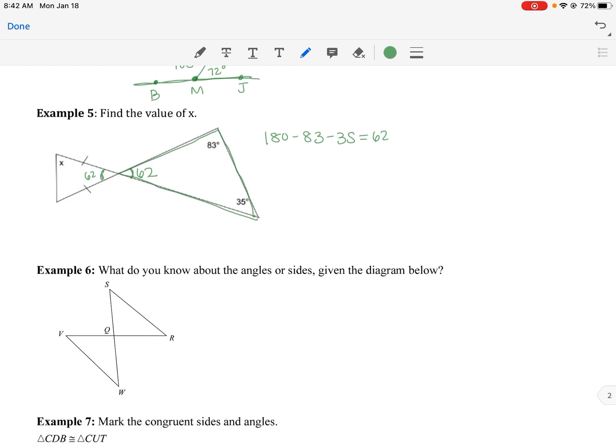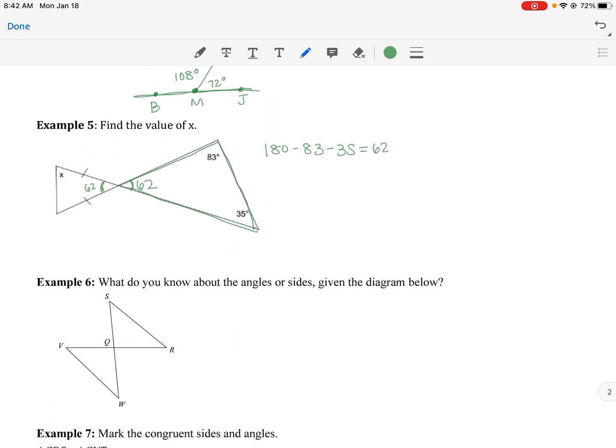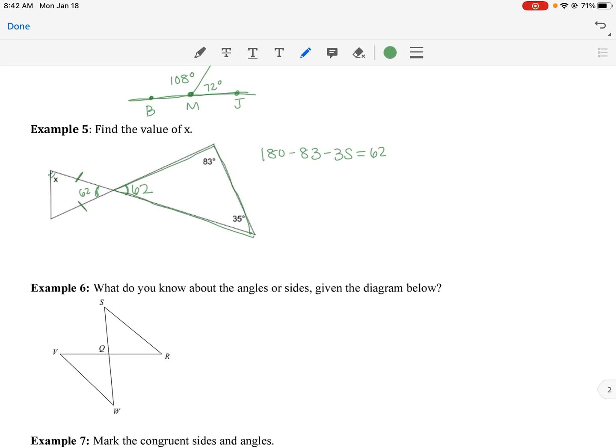The only tricky thing here is, I don't know, it depends how much you remember about geometry. But here, since we've got what they call an isosceles triangle, the two sides are equal, so these two angles at the bottom are also equal. So if I do 180 minus 62, I end up with 118.